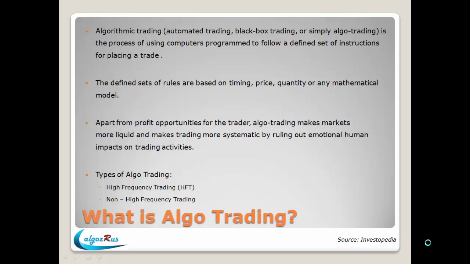Now, what are the types of algo trading that are there in the market? Well, basically, I classify algo trading into two parts. One is high frequency trading, also known as HFT, and the other one is the non-HFT part. HFT trading is basically used by institutions and large broking houses. It involves parking your servers right at the exchange, thus allowing them to get data, or rather the market movements, in microseconds.